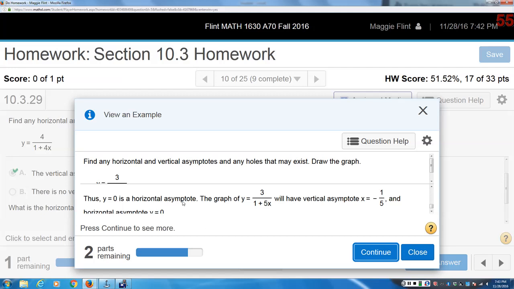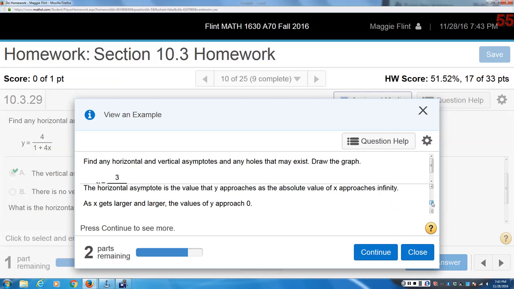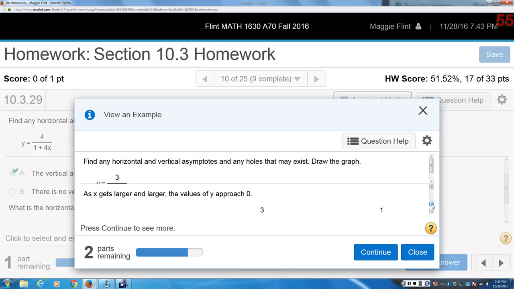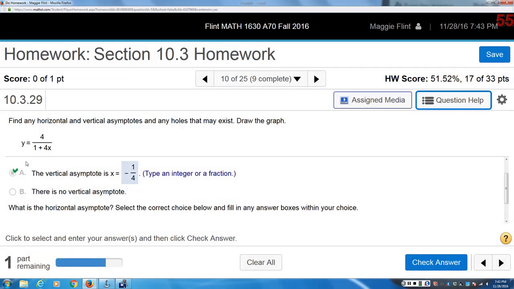So y equals 0 is the horizontal asymptote, but it looks to me like all they're telling you is that as x gets larger and larger, the values of y approach 0, and you're wondering why that is. But now let's think about this.